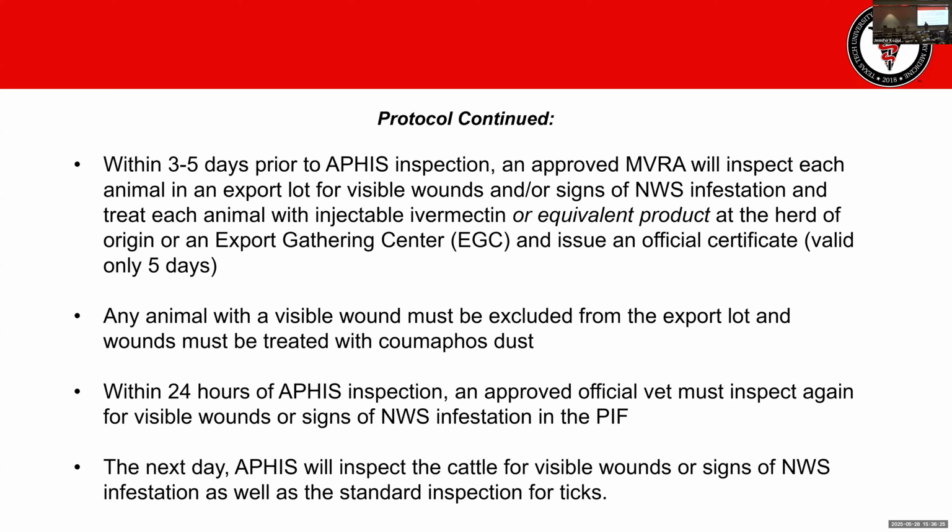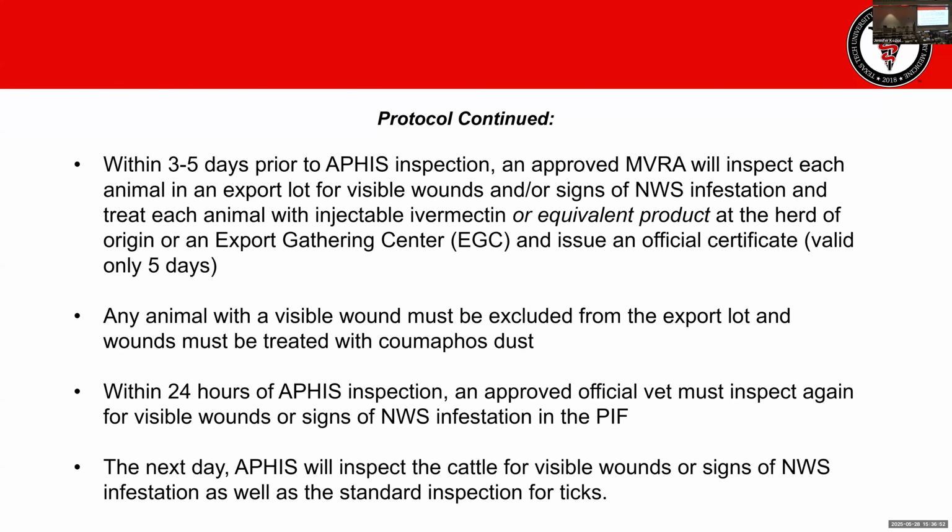So if you talk to USDA, they say the rejection rate at the border has been the same as it's always been, about 3.5% to 4%. But I would tell you that's not what's happening, because most of the rejections are actually happening on the pre-export side, because they know they're going to get rejected anyway. Anything with any kind of a wound, and a lot of this has been ear tag related, is not going to go across.